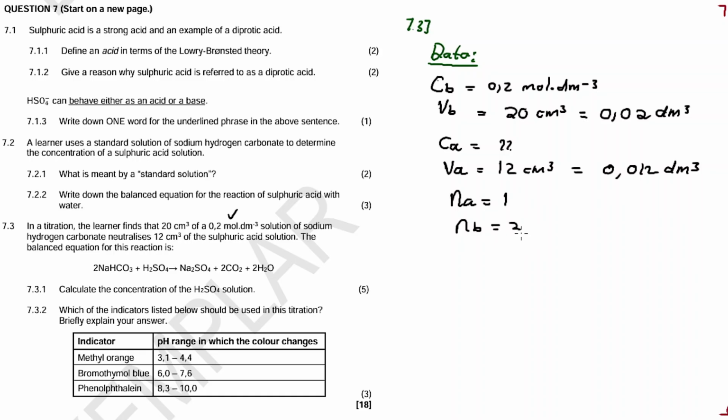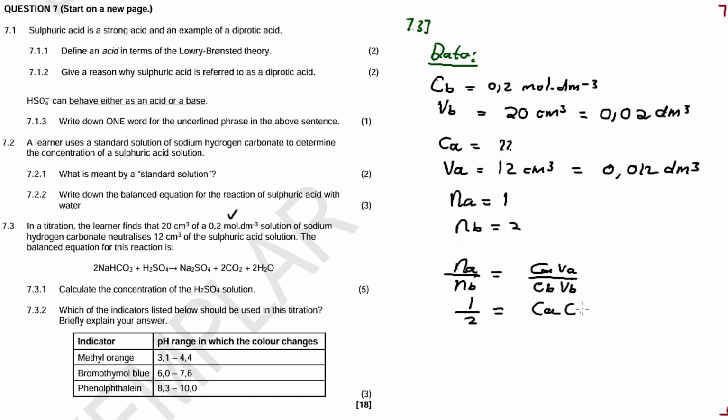Me taking out that data, I hope you understand where I'm going with this. You're going into the titration equation, right? Na over Nb equals CaVa over CbVb. Na over Nb is 1 over 2. Concentration of acid, I don't know.